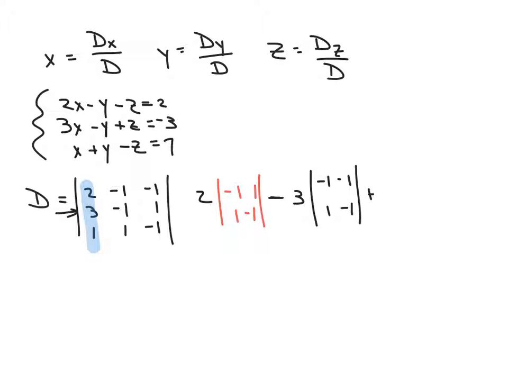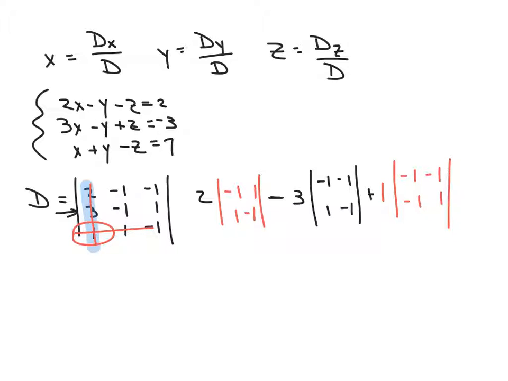Plus sign. Now I'm going to use this number, and I'm going to cross that out, which means my determinant is going to be negative 1, negative 1, negative 1, 1, like that.